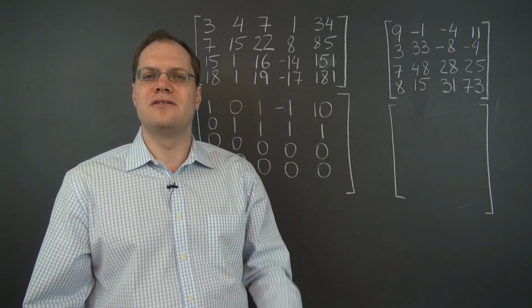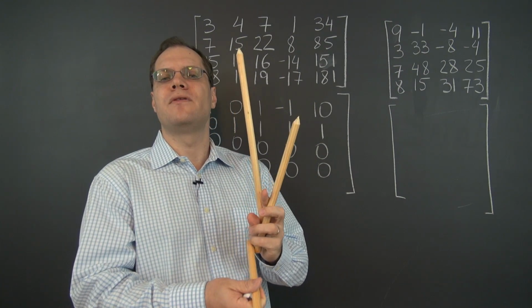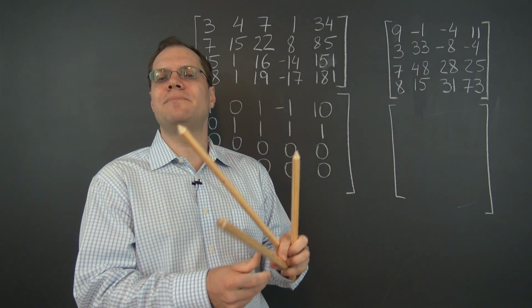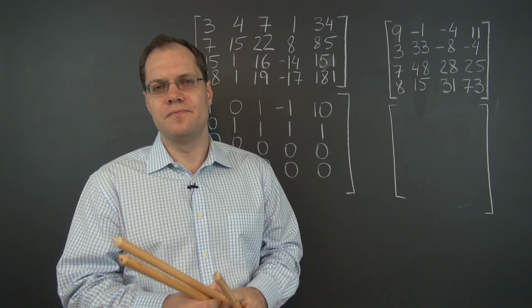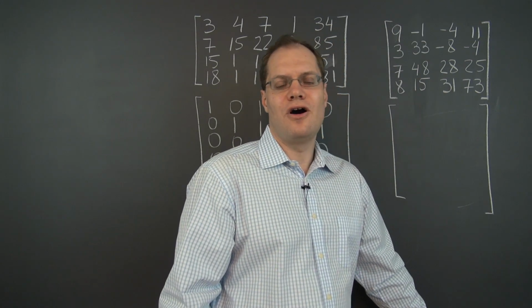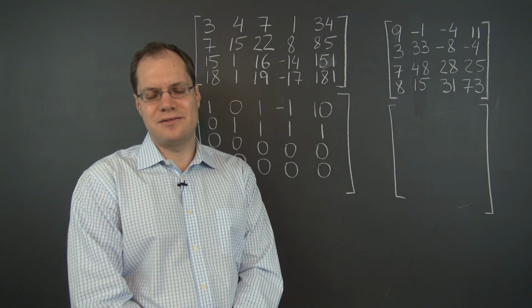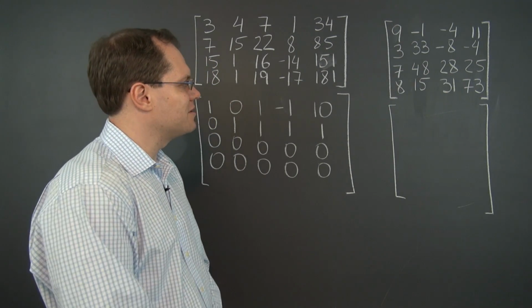Picking 3 vectors, throwing them up in the air, letting them tumble, and then catching them. And what are the chances that they all end up in the same plane, like this? 0. So the chances are the columns of this matrix are linearly independent. I can bet $100 on it, or even a lot more than that.